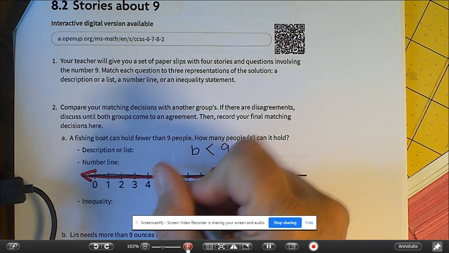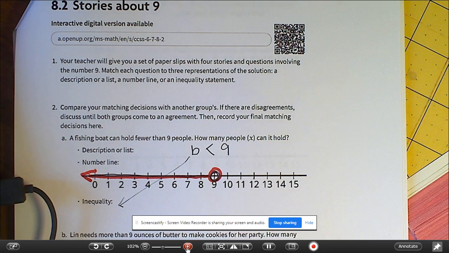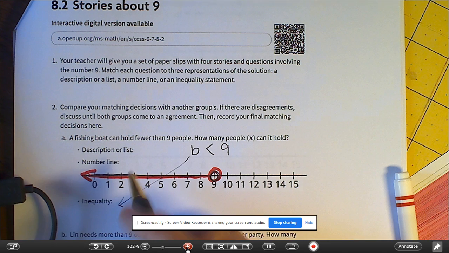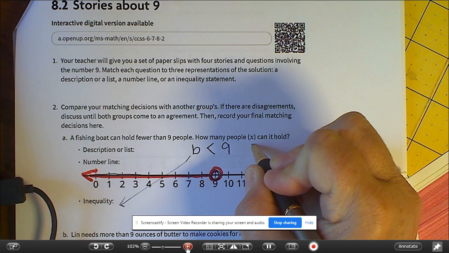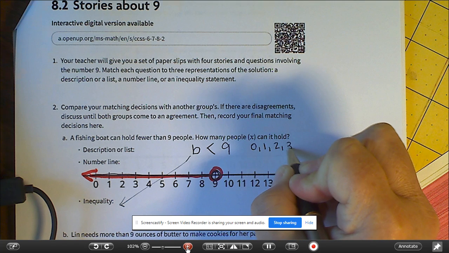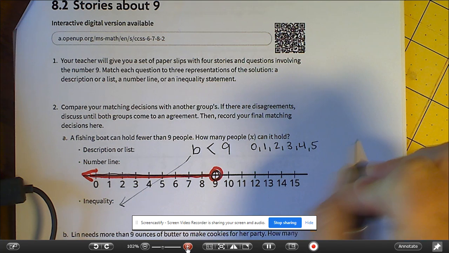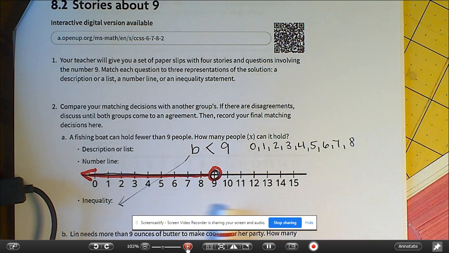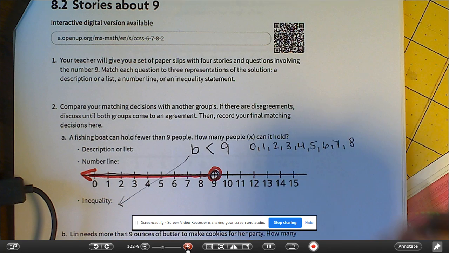That was supposed to be written down there, the inequality. So if you're doing a description or a list, that would be like it can hold 0, it can hold 1, it can hold 2, it can hold 3, it can hold 4, it can hold 5, it can hold 6, it can hold 7, and it can hold 8.